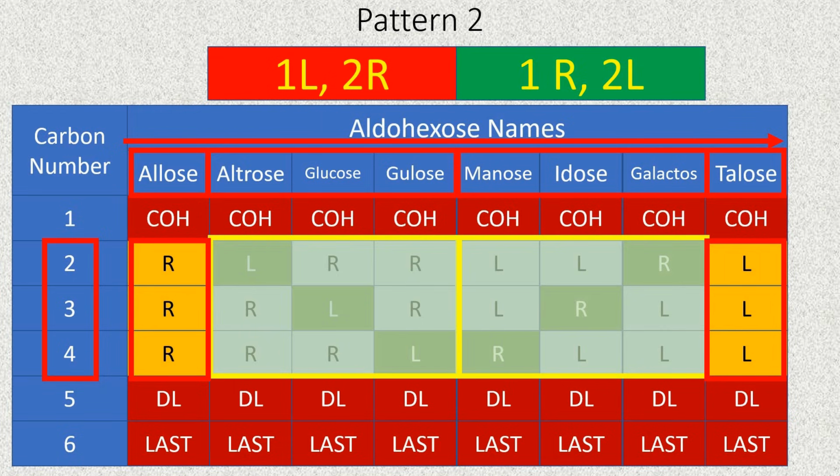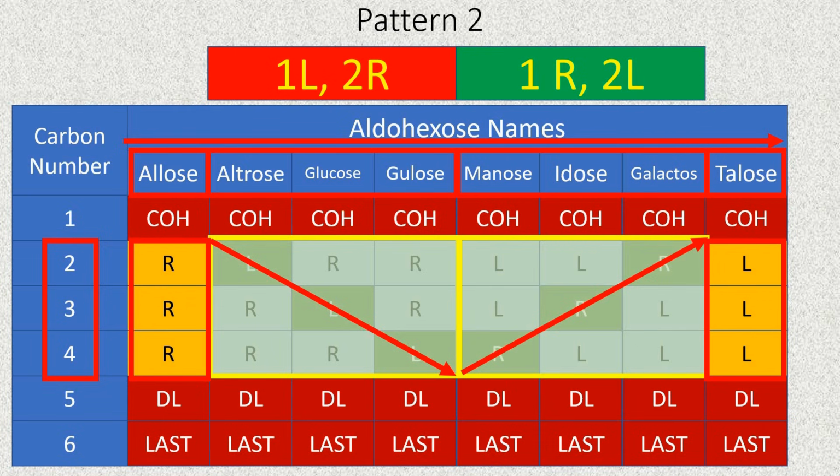You can see the pattern. In altrose, the hydroxyl group of carbon number 2 is on the left side, then glucose has the hydroxyl group of carbon 3 on the left side, while gulose has the carbon number 4's hydroxyl group on the left side. Now let's see the other group. They will have only one hydroxyl group on the right side.